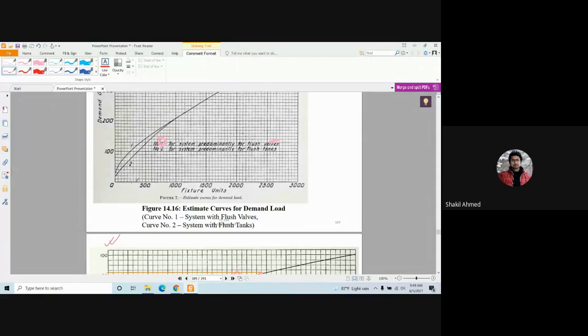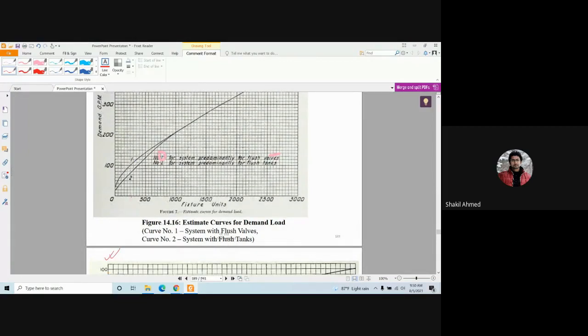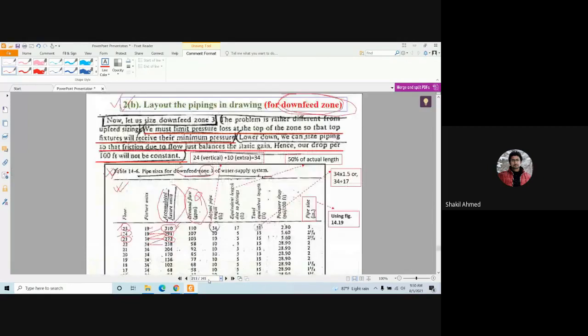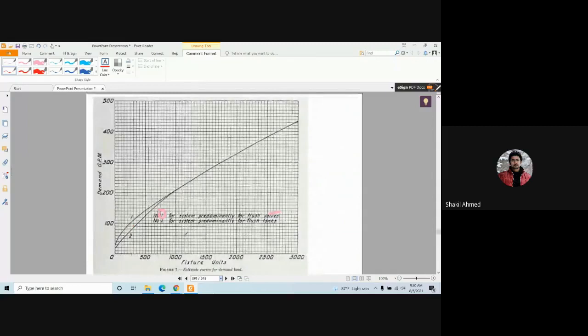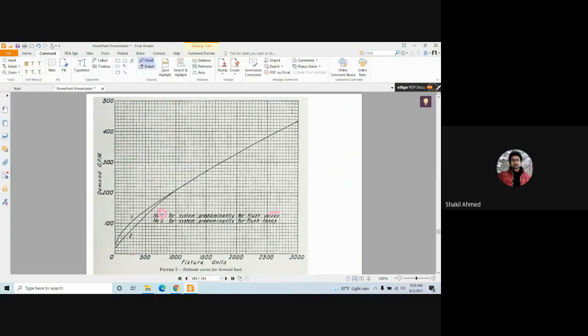310. So you are using flash tank. So approximately this is 310. And here 310 is approximately here.